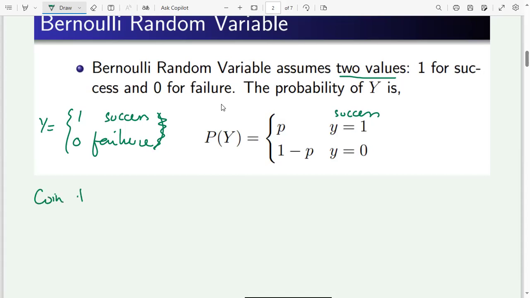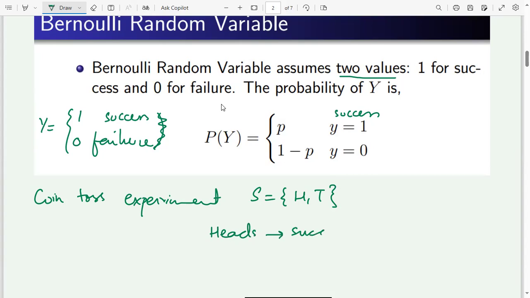The simplest and most commonly used example is the coin toss experiment, where we either get a head or a tail, and on this basis we can calculate. For example, if I define getting a head as my success, then the probability of getting a success is half.